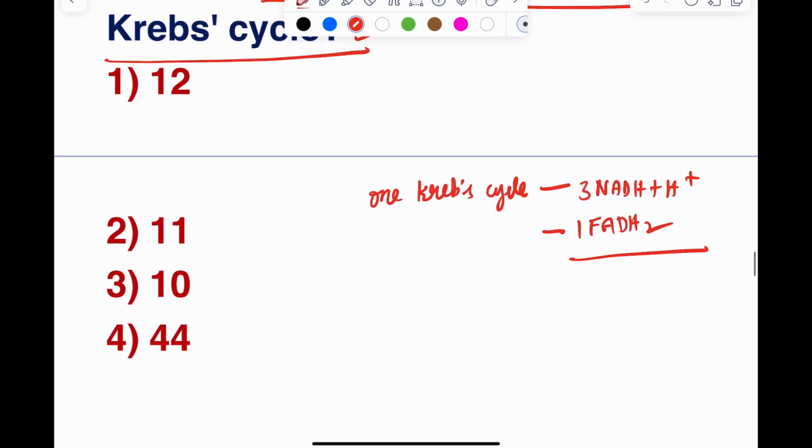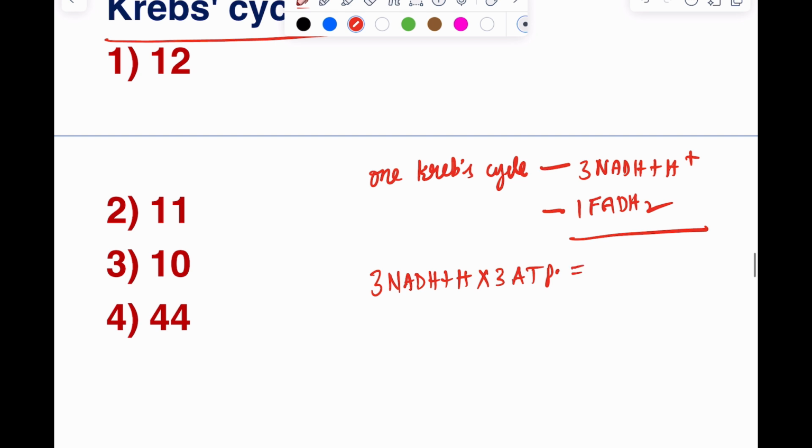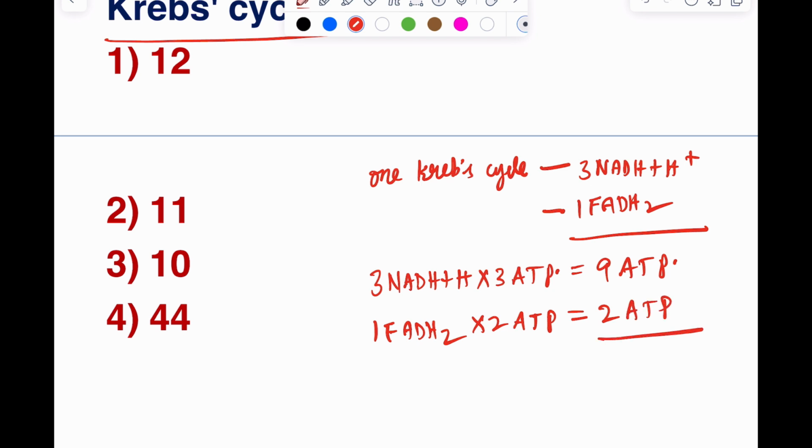So now 3 NADH plus H into 3 ATP molecules. Each molecule will produce 3 ATP molecules. That is 9 ATP molecules. 1 FADH2 into 2 ATPs. Each FADH2 gives rise to 2 ATP molecules. Total here 11 ATP molecules for one Krebs cycle.